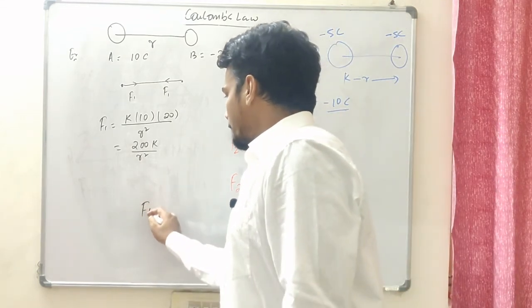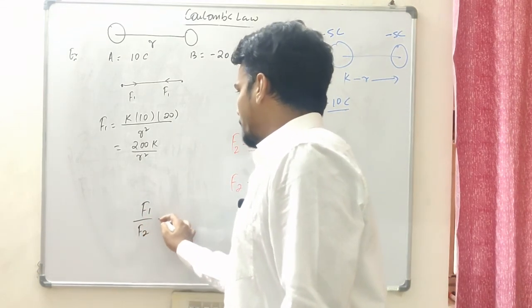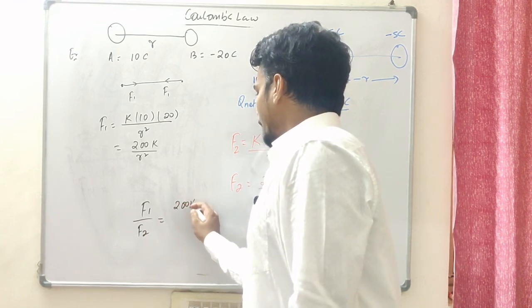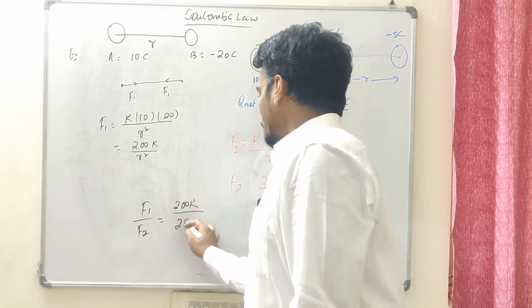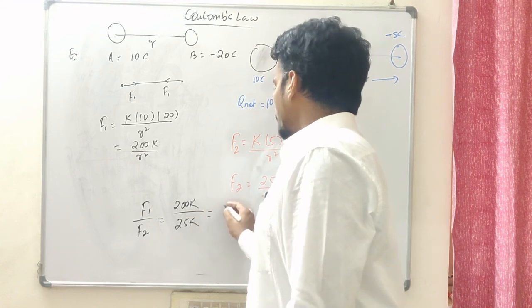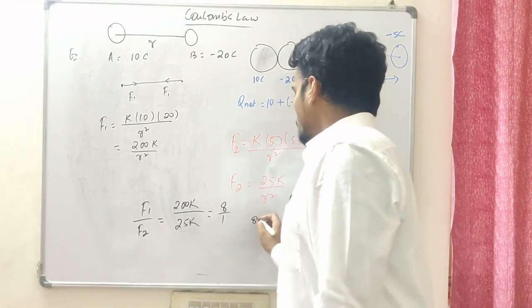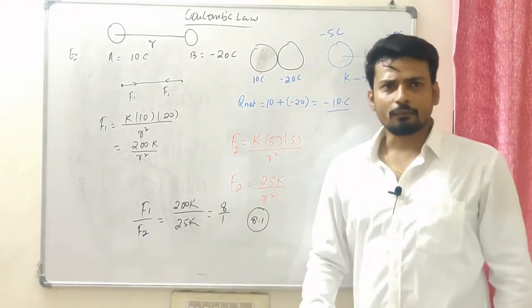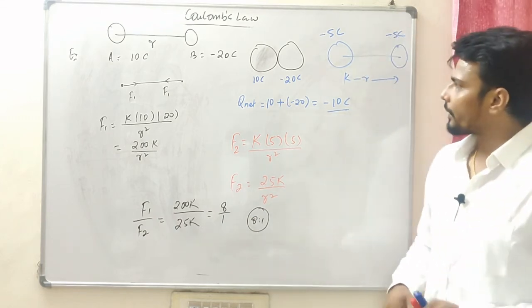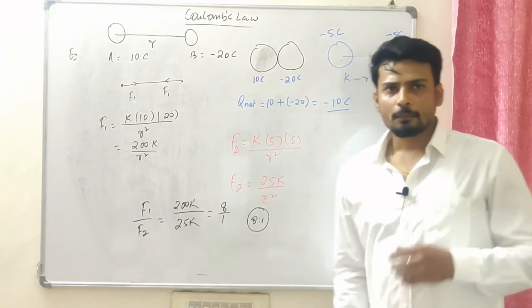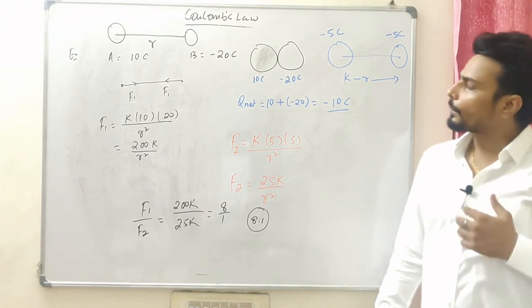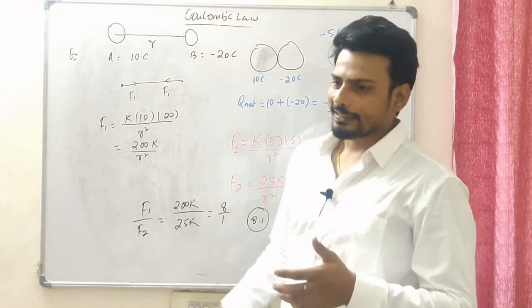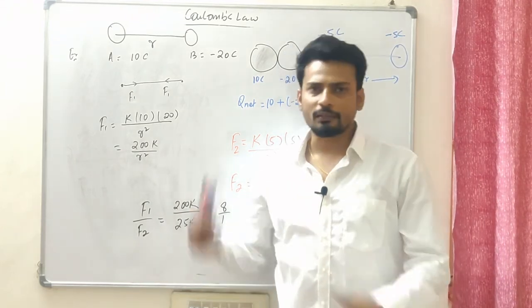So F1 over F2 should be 200 K over 25 K. That should be 8:1. So the ratio is 8:1. You could have questions like this, don't worry. You just keep in mind that when bodies of the same dimensions are brought in close contact with each other, the charges get distributed equally, and then you can just do it.